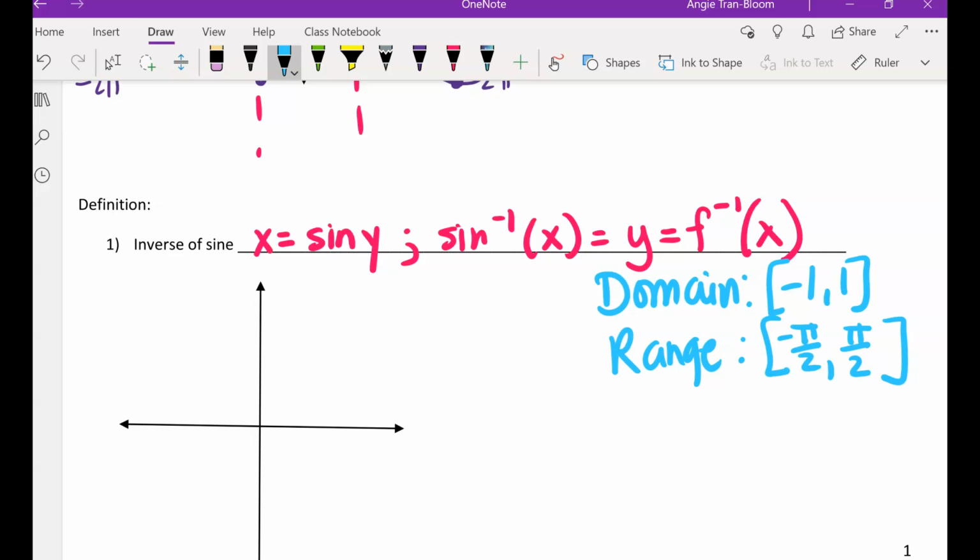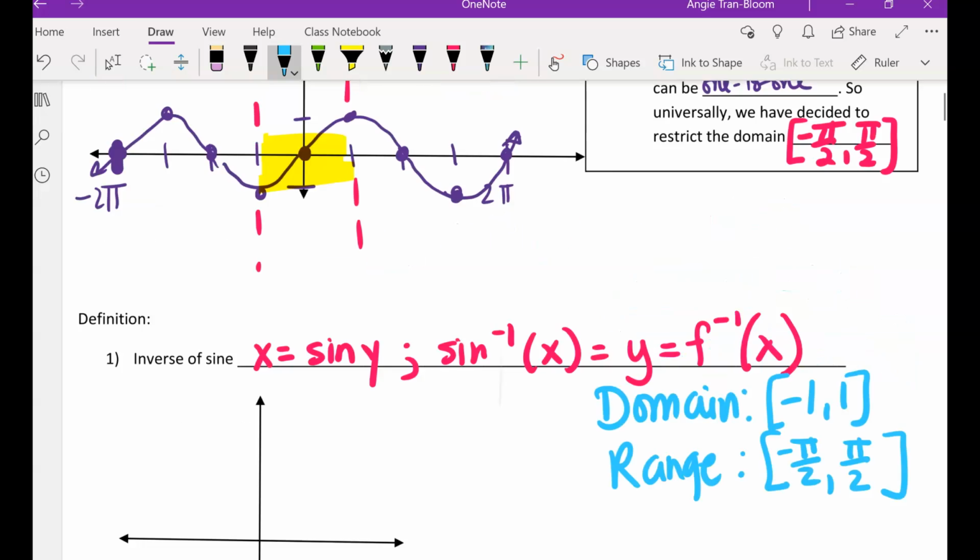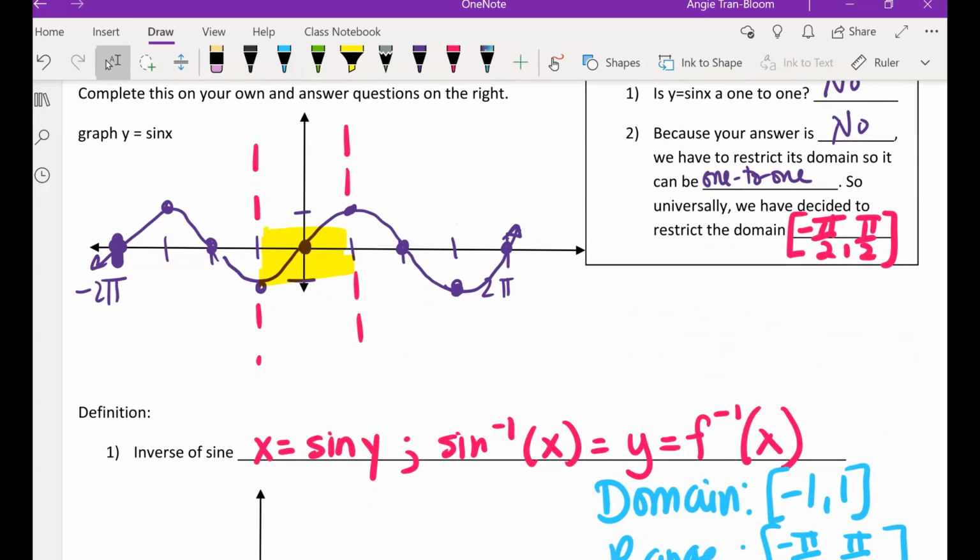Normally, I don't really ask what the range is, though sometimes I do. I normally refer this back to the quadrants. What two quadrants is sine inverse restricted to? Quads 4 and 1. Why wouldn't your negative 1 to 1 be your range? It was my range in the regular. So here's f of x, and the range was from negative 1 to 1.